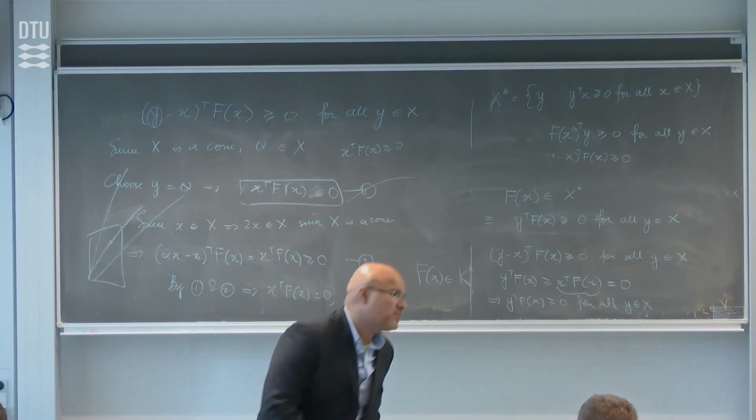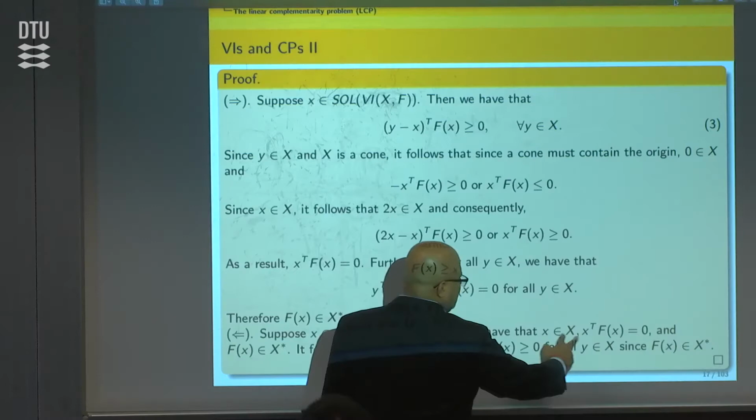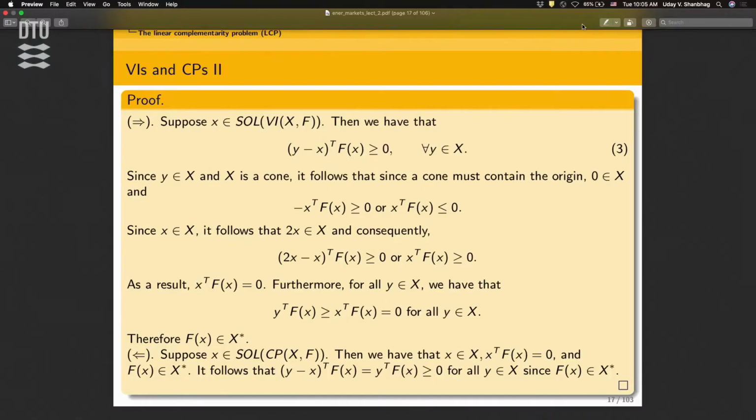Okay, let's go the other direction. Suppose x lies in the solution set of CP(X, F). Then we know that x transpose f of x is 0, and f of x lies in X star. Right? And now all I need to show is that y minus x transpose f of x is non-negative. But that's not too difficult to do.